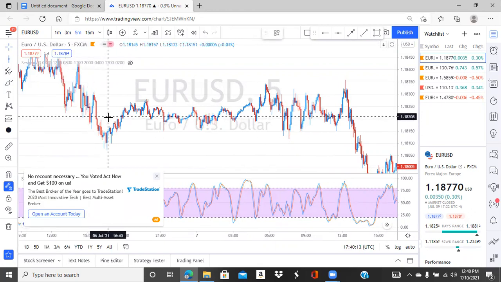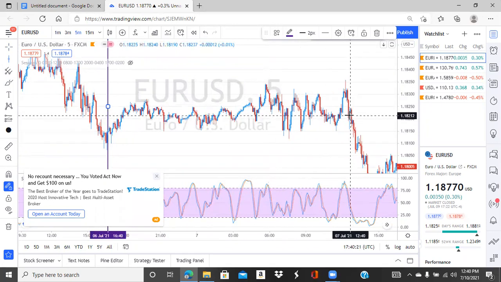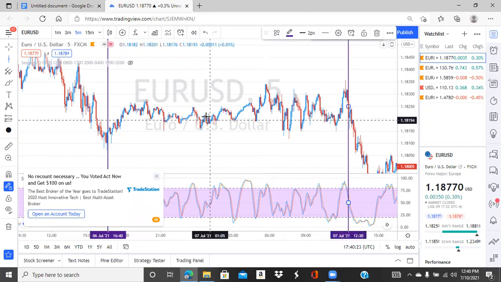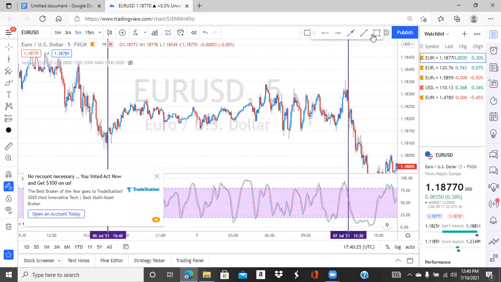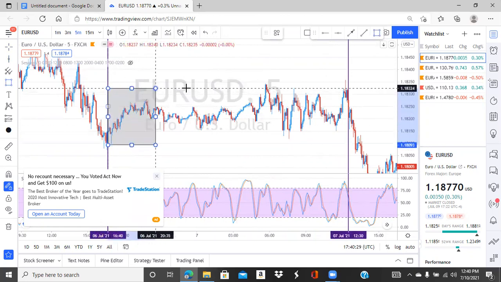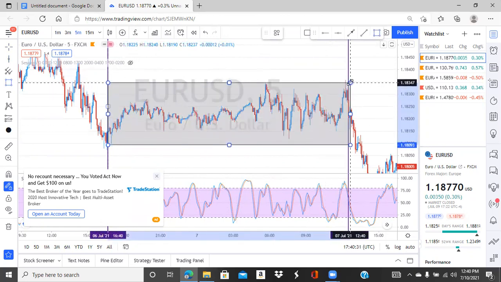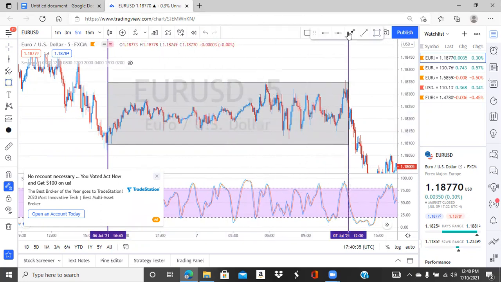But if the market is just kind of ranging back and forth like it is from here to about like here, it's not really going up or going down. It's just going back and forth, back and forth, back and forth the entire time. You're in consolidation. The market is just ranging.